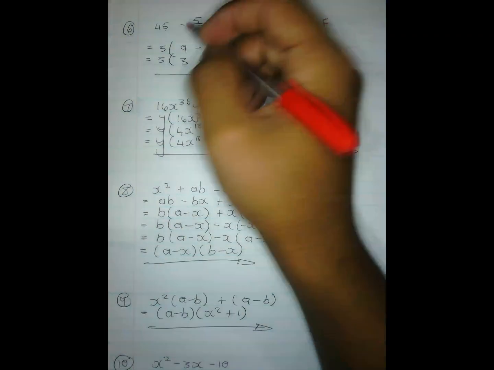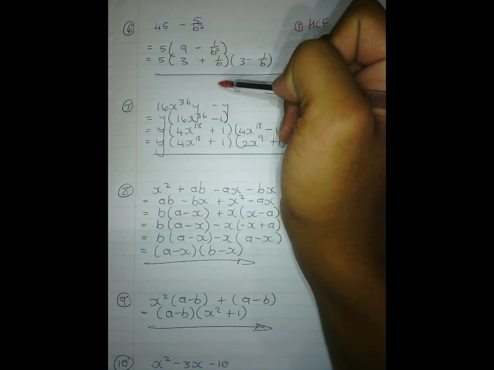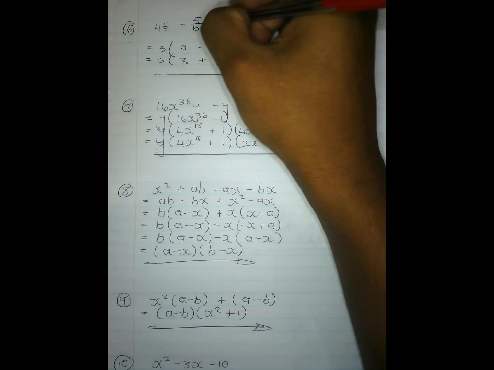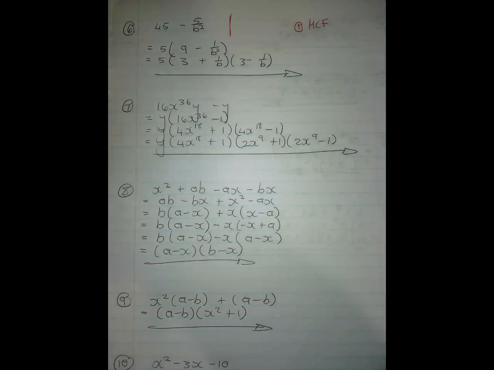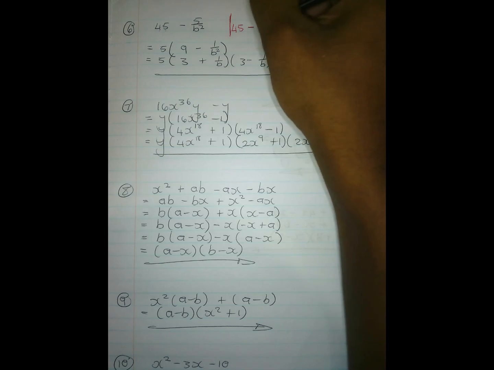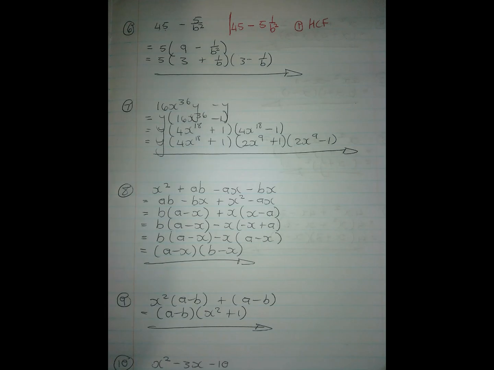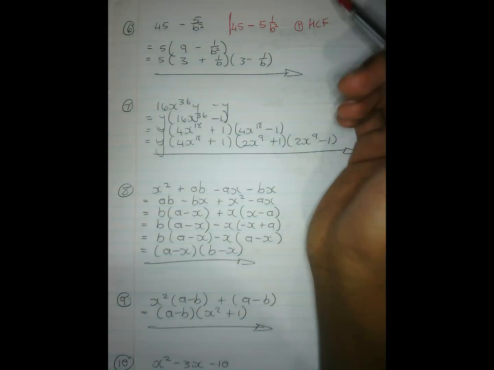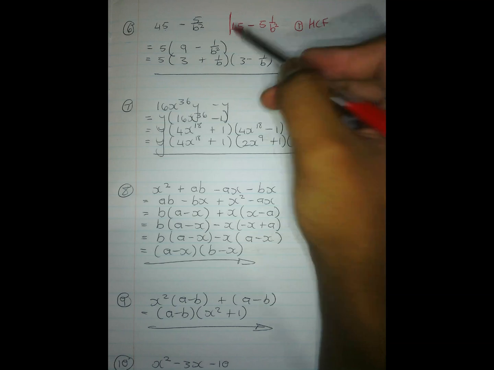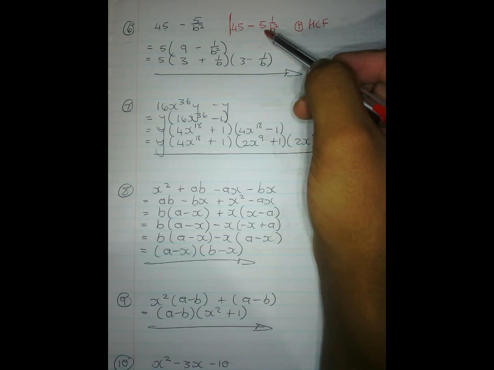So, highest common factor here is what? And remember now, just because it's a fraction doesn't mean we must get confused. A different way of writing this will be 45 minus 5 times 1 over b squared. That's just me rewriting it. So, highest common factor here will obviously be 5, right? Because 5 can go into 45 9 times, and 5 into itself 1 time.